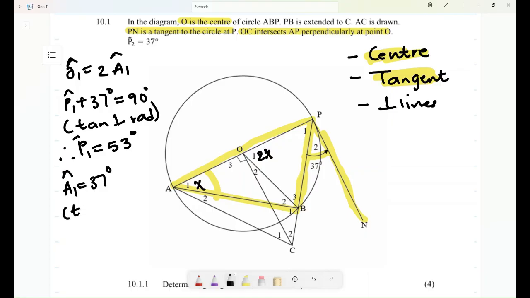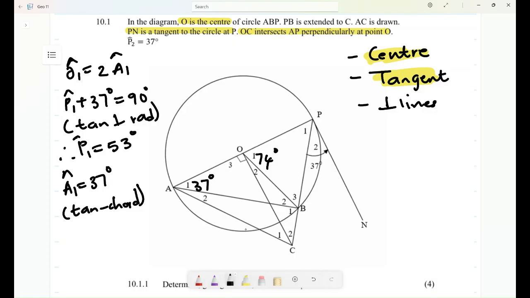Why are we saying that? Tan chord theorem. Now that I know this is 37, and I know this is twice 37, I can say this is now how much? 74 degrees. All right.